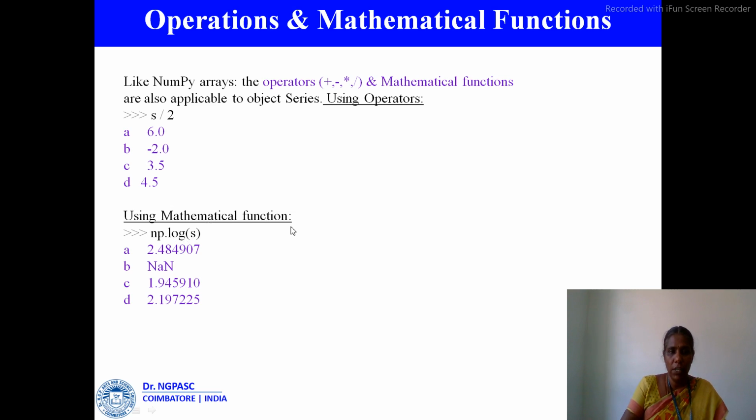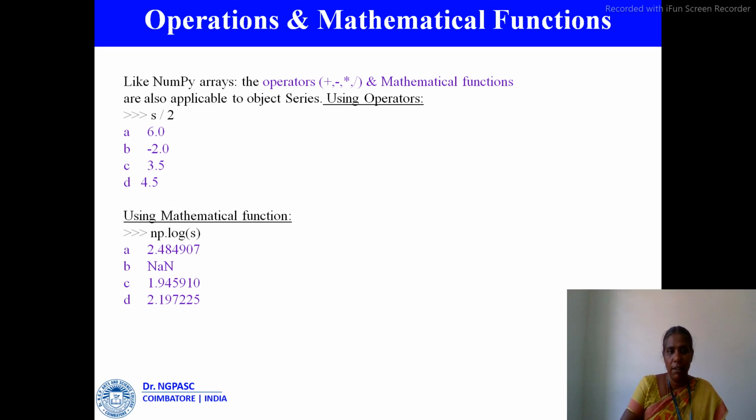Using mathematical functions, we have plenty of mathematical functions for a series. Here I have used np.log of S. np is the alias name for NumPy. Log is a mathematical function, and for that I have to pass the series. After executing this, the logarithmic values of all the elements will be computed.